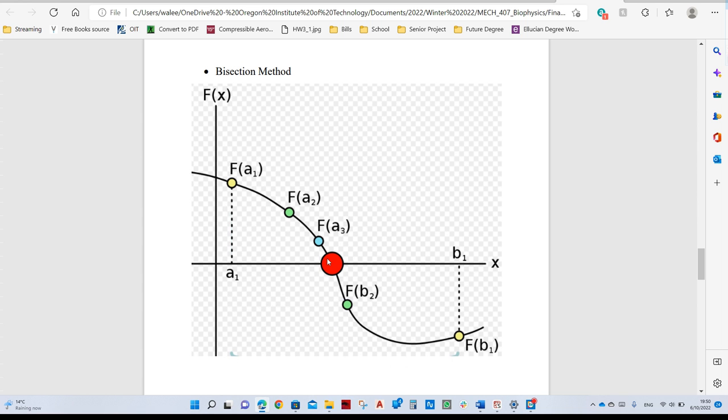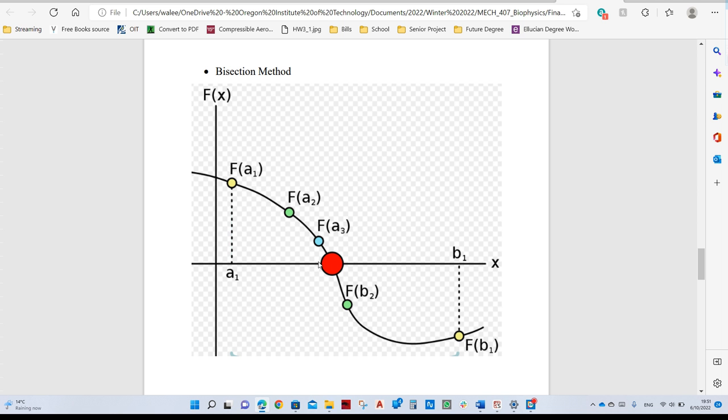So the way the bisection method works is, if you have, for example, this curve here, and you want to determine the root. Now the root, if you have one function, means where it intersects with the x-axis. So you select just two random numbers, like for this example, a1 and b1, and then you plug them into the equation, and you get f of a1 and f of b1. After that, you get the average, which in this case would probably be a3, right here maybe.